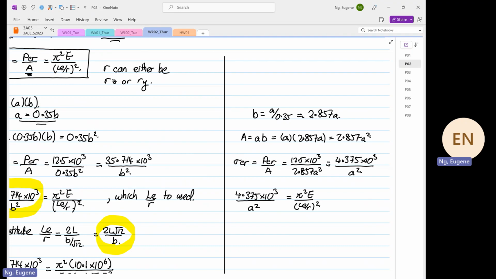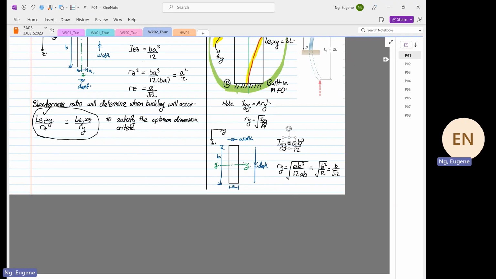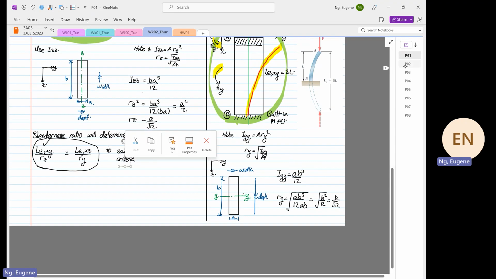So we're going to substitute LE over R. On the left hand side, this term has an A squared, and LE over R also has a term.